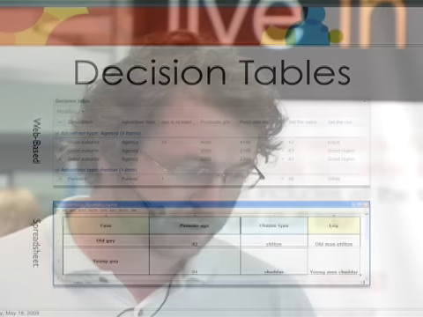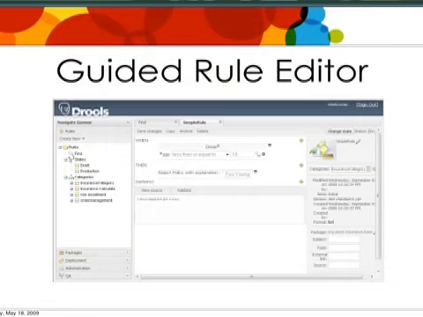Looking at some other types of metaphors, we've got the guided editor. This is not unlike an inbox rule editor that you've probably seen in Outlook or Thunderbird or other mail applications, where you're basically matching for data and then taking an action on that data.